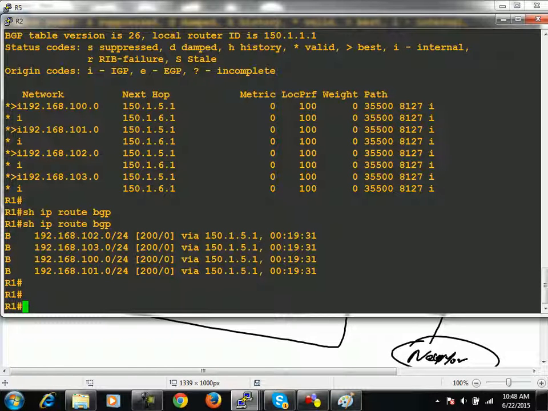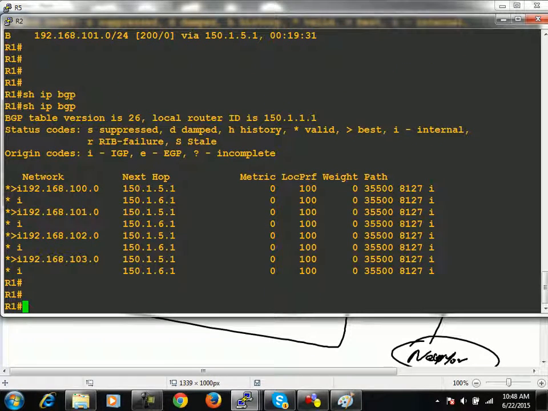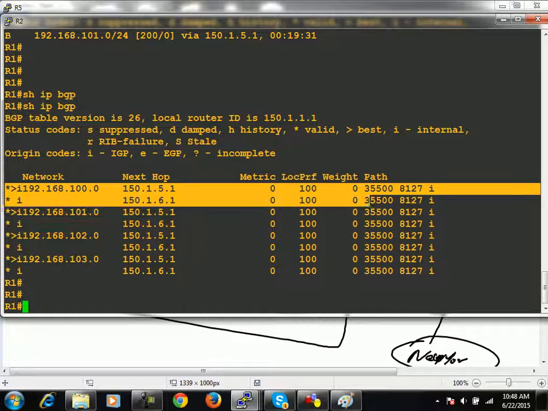First of all, I'll teach you why R1 has selected its best path via R5. So let's start now. Show ip bgp. See, this is your one path, and this path is coming from R5 as well as R6. The very first thing checked by BGP is whether this path is valid or invalid. Both of them are valid.